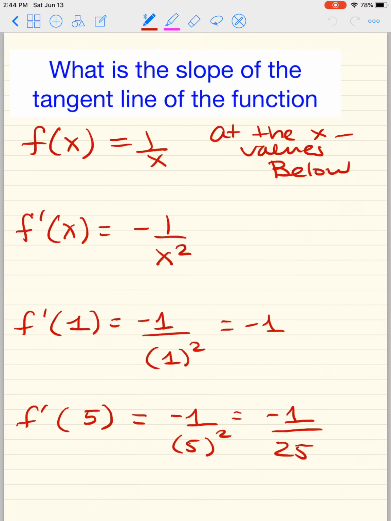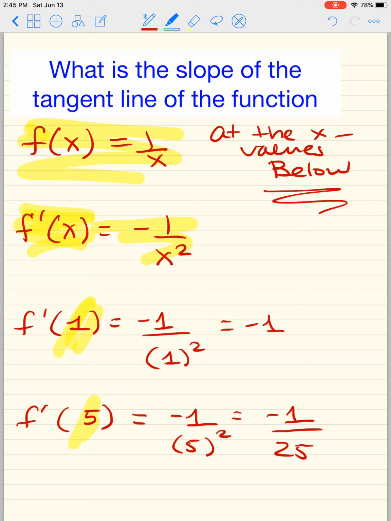Okay? So, what is the slope of the tangent line of the function at the x values below? Well, once again, since I know f of x is 1 over x, I just found out that f prime, which is the derivative, f prime is negative 1 over x squared. And I want it at the x values below, 1 and 5.